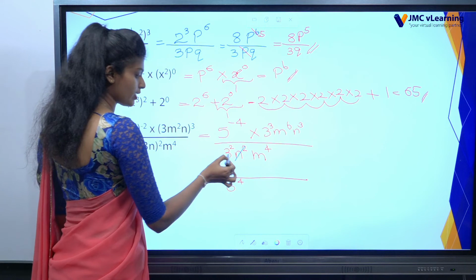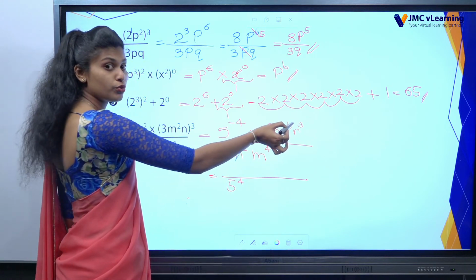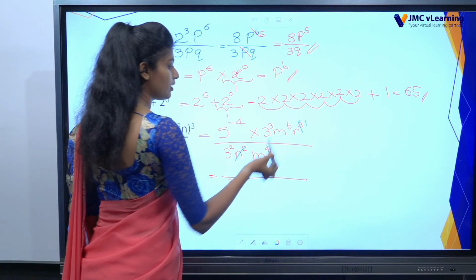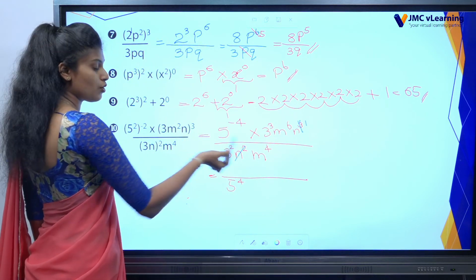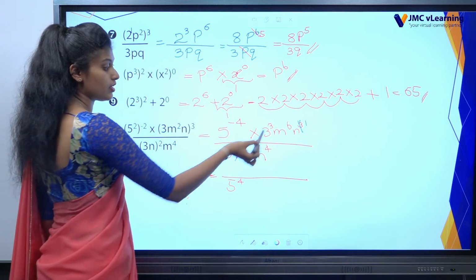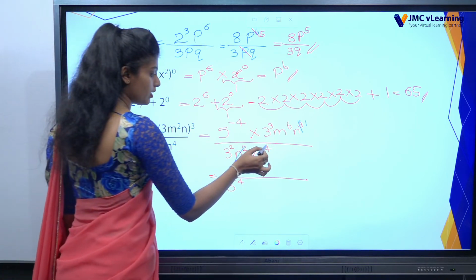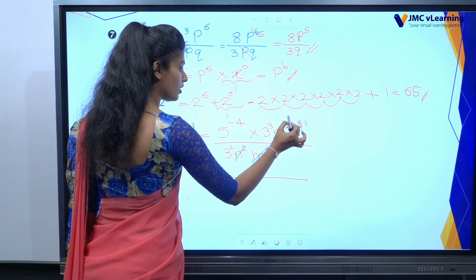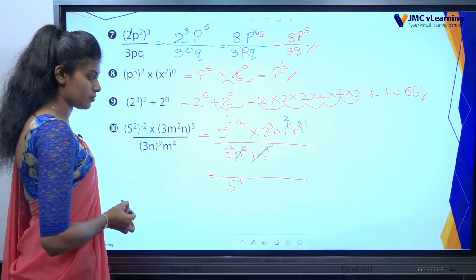Let's remove 2 n's here. Then when you remove 2 n's in above, left only 1 n. Then here 4 m's are there, here 6 m's. Then let's cut 4 m's.